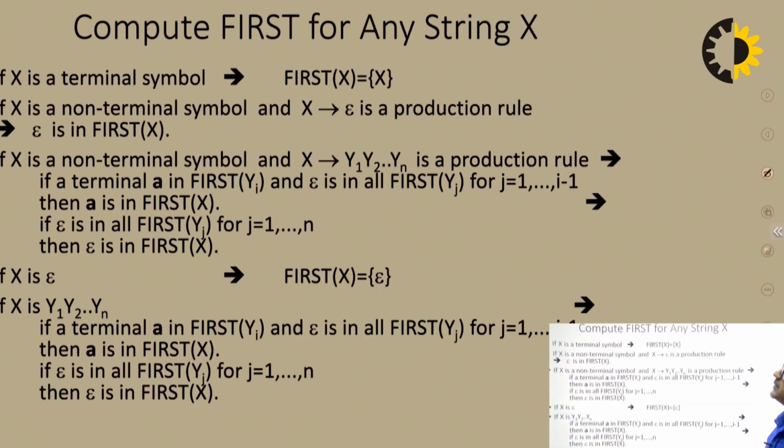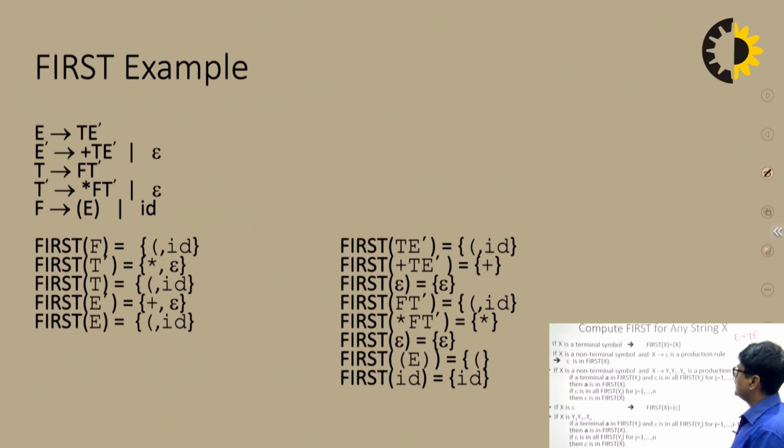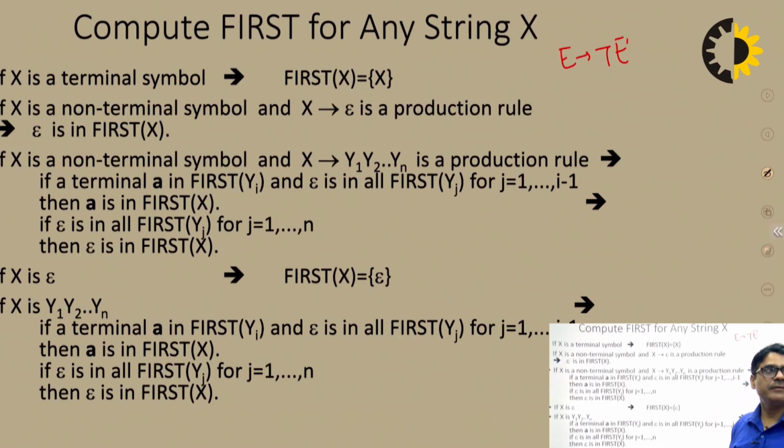So coming to the first rule. Suppose we are taking that grammar, E produces... I will just firstly state the rules. If X is a terminal, then first of X is X, meaning every terminal is the first of itself.